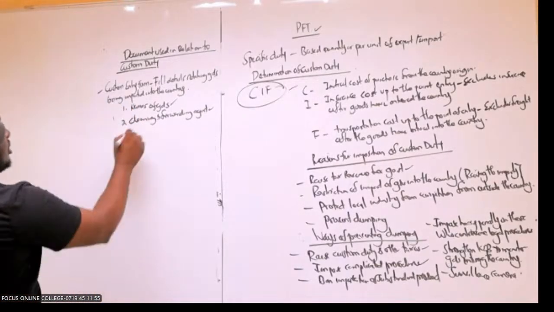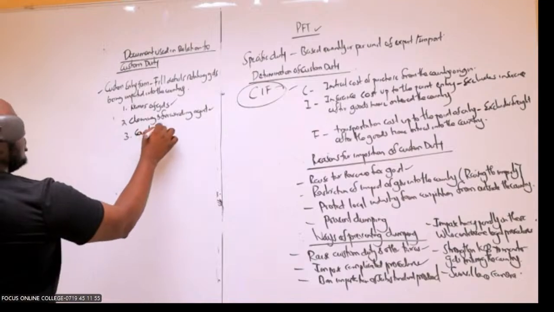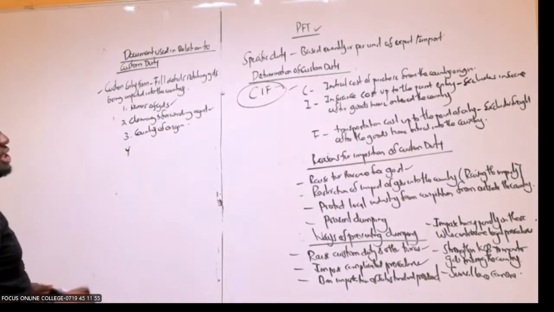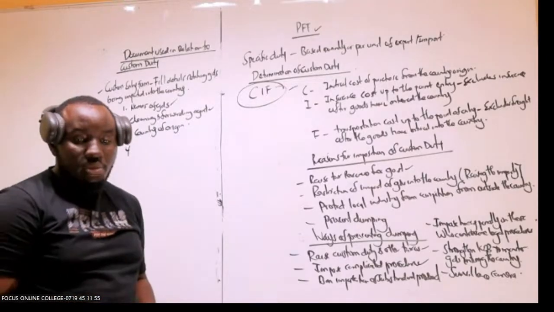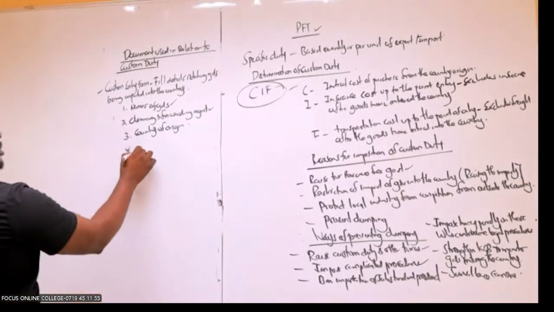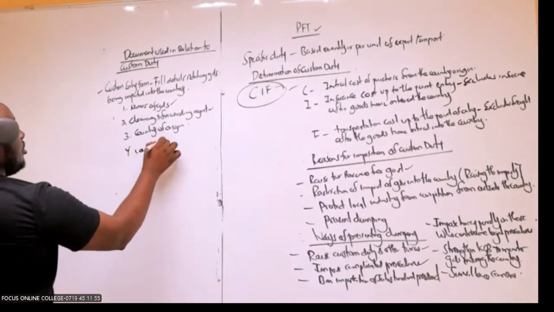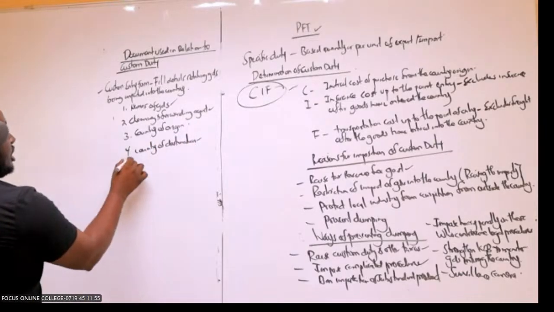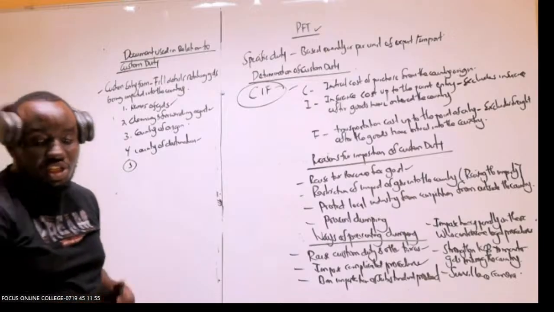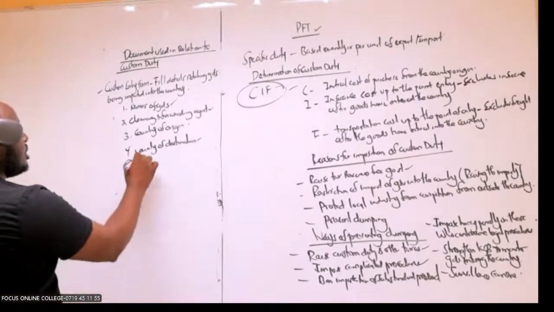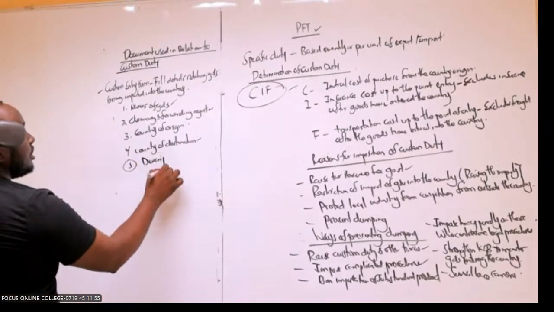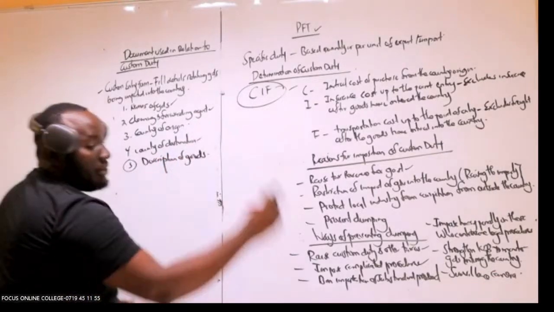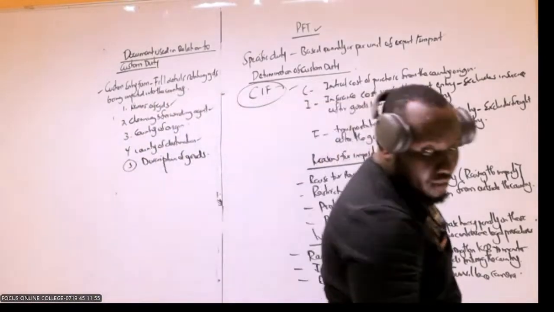We'll have details on the country of origin, and the country of destination, where they're going to. Then we also have the description of the goods.